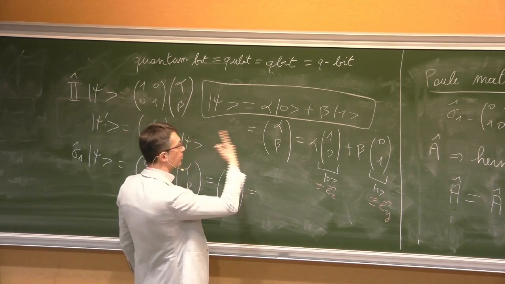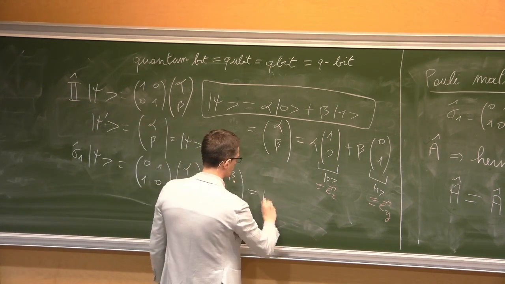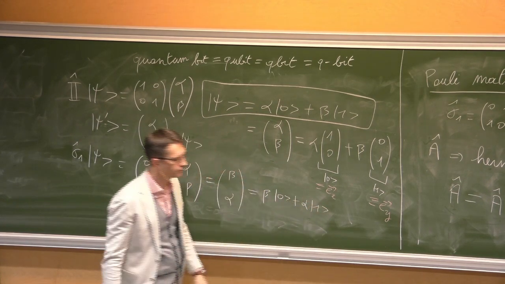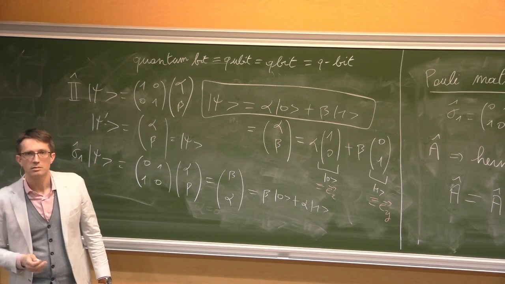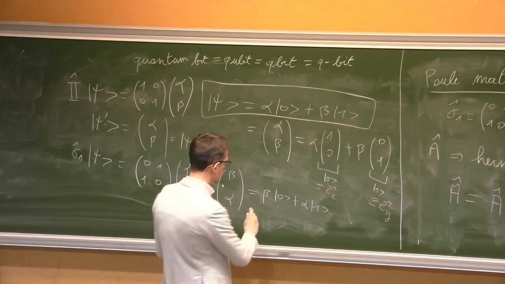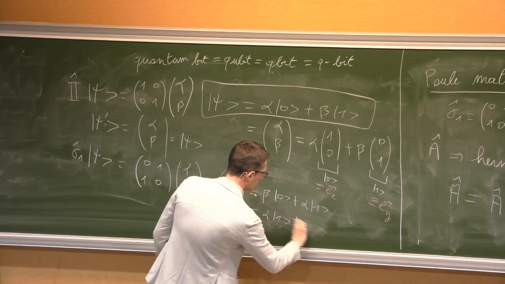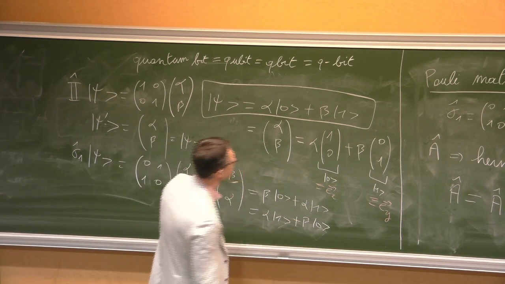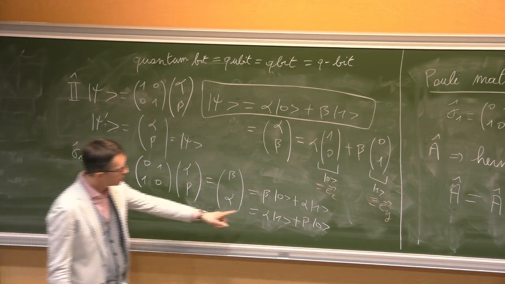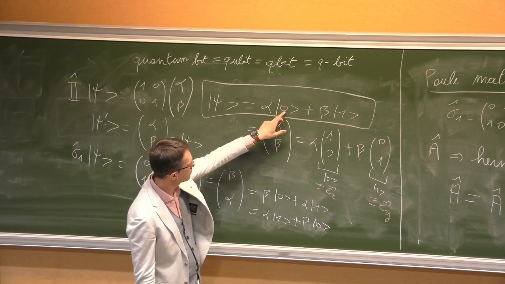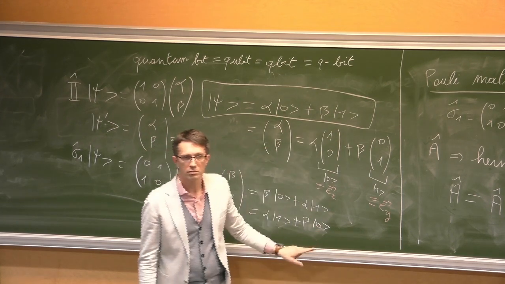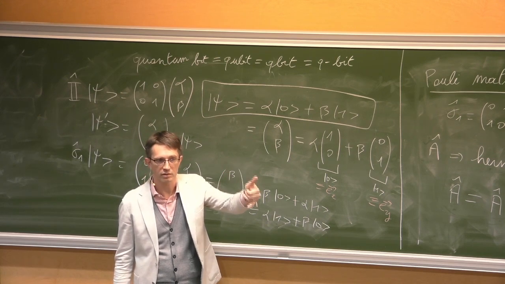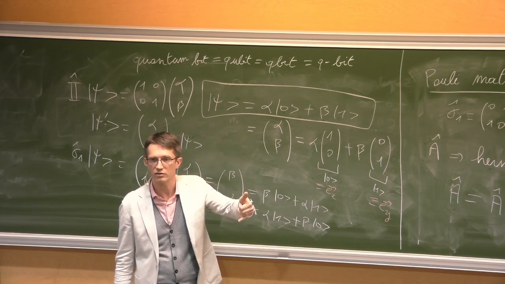If I write it back in qubit notation, I've got beta 0 plus alpha 1. Or, if I reorder it in terms of coefficient, I have alpha 1 plus beta 0. And what I did here, if I look at the coefficients, is I went from 0 to 1, and 1 to 0. So I inverted my qubit. Right? So it's an inversion. It's the first gate. It's just an inversion.